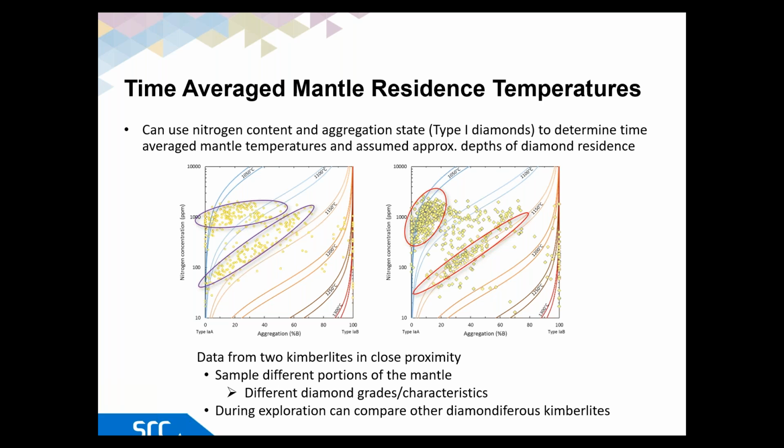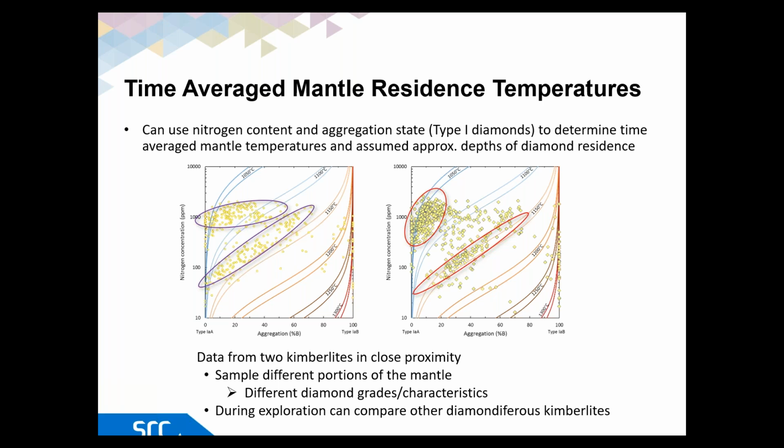So this is just some example data from 2 kimberlites in close proximity. If you've worked in the diamond industry, you'll know that it doesn't matter how close your kimberlites are, they can have incredibly different diamond populations in terms of color, size, grade, and all the characteristics in between. So obviously there is some overlap between these 2 kimberlites, but you can see 2 pretty distinct populations in both.